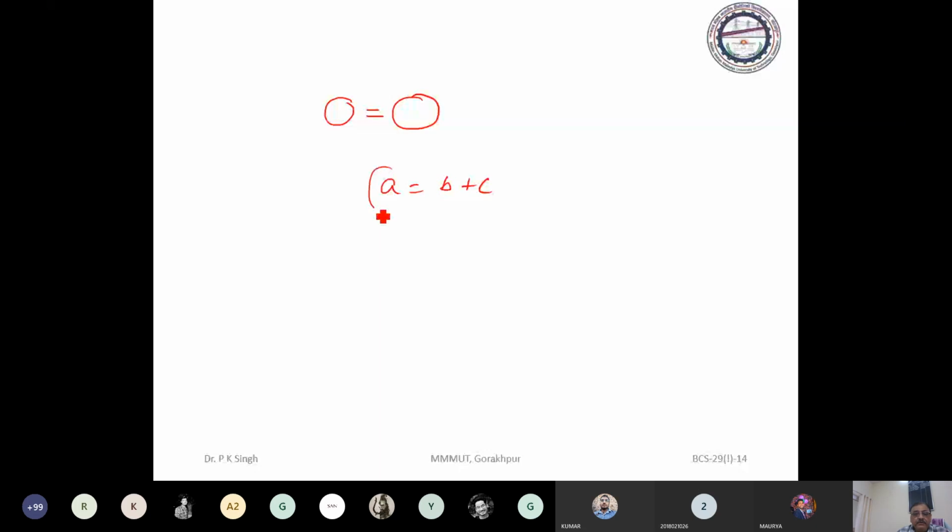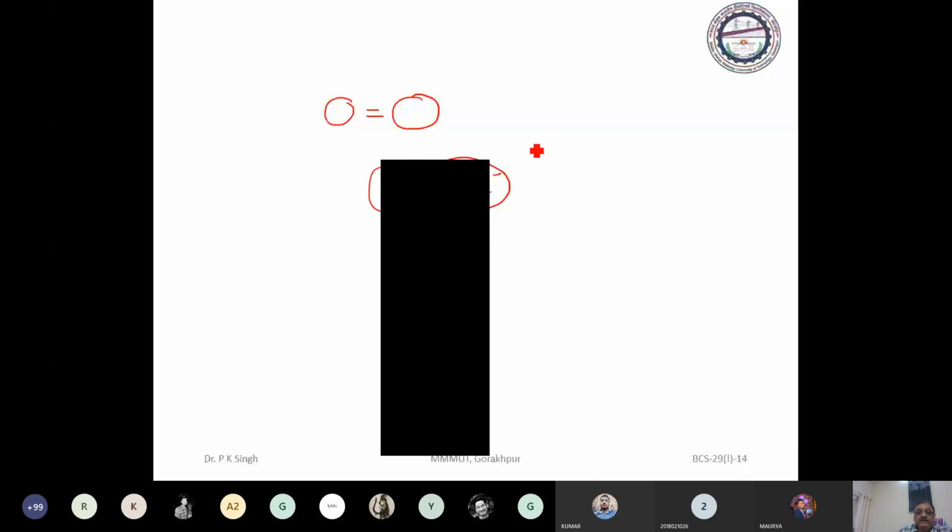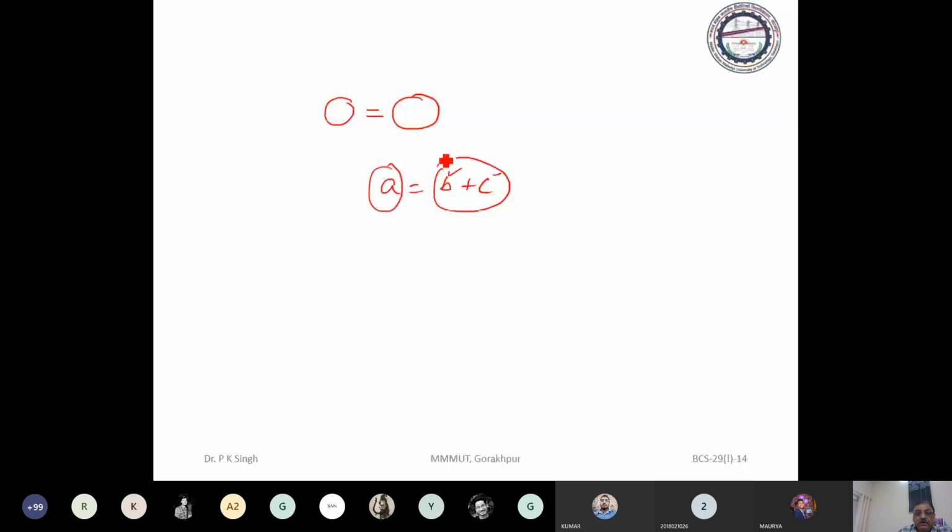Here we have variable a, and here you have variables b and c. For this computation, the values held by b and c are being used, and the reference of a gets modified.